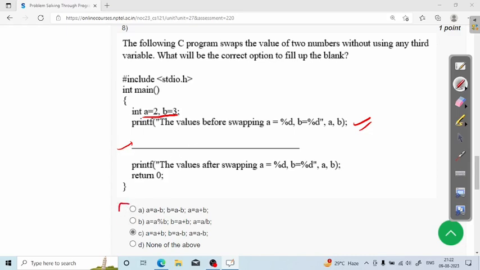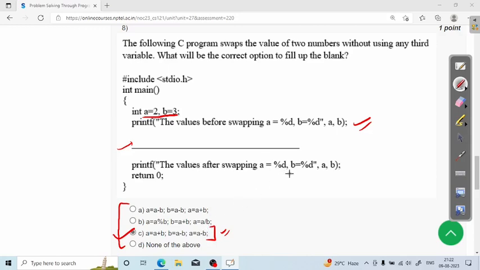Okay, now if you look at all the options present here, if you execute the third option, I'm sure you will be able to find out that this simple expression is able to swap the value of a and b. Okay, and just give it a try. I'm sure you will be able to get it.